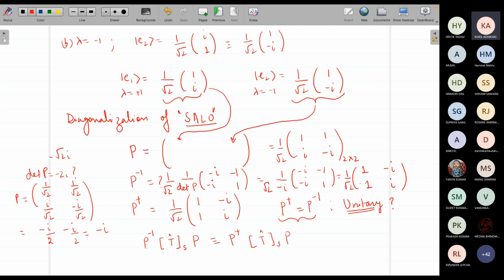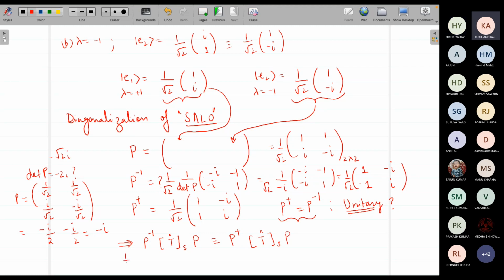I want you to now multiply from the left and the right, P inverse and P, or P dagger and P. Can somebody think of what is going to happen? We will get a diagonal matrix. So, let's just see whether we are getting that or not.